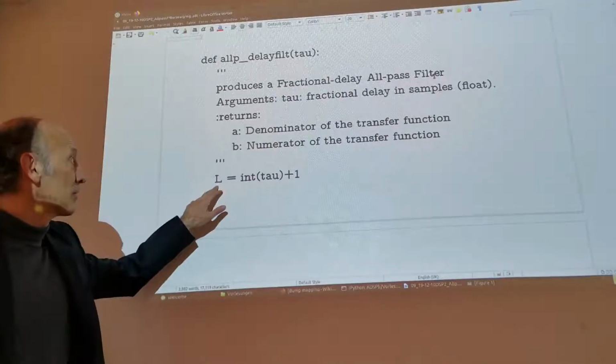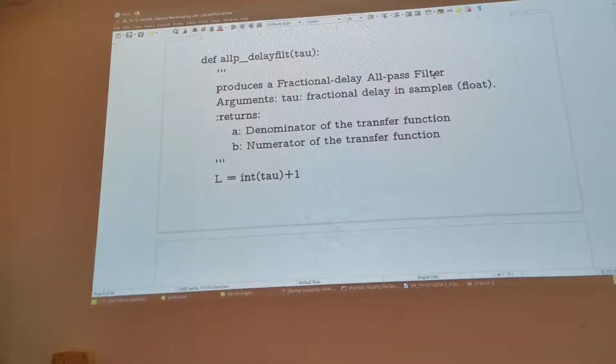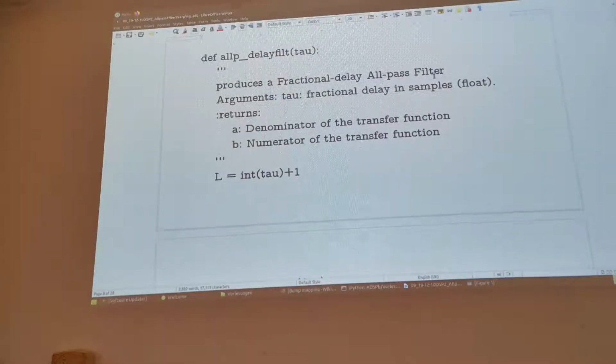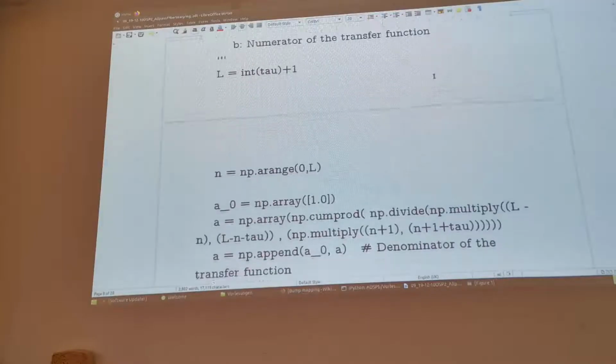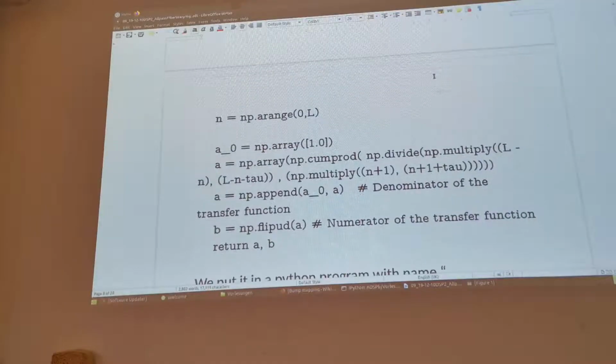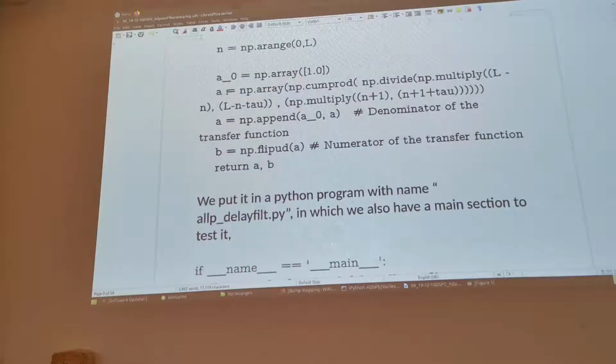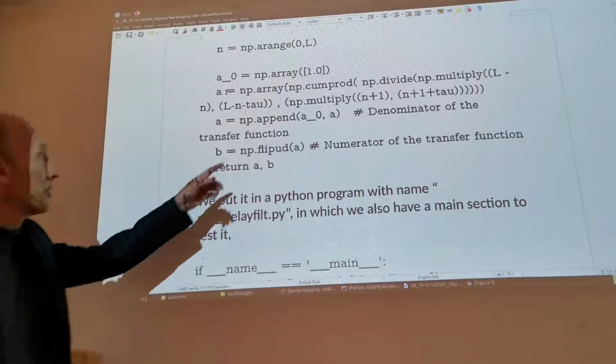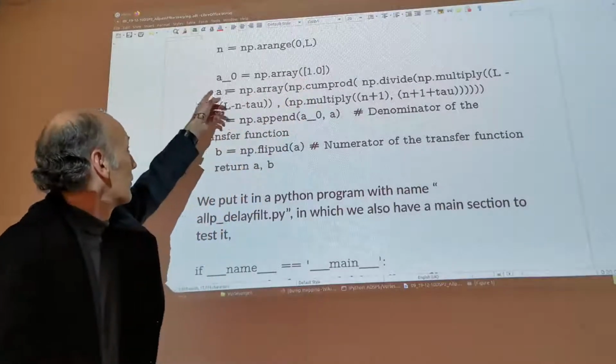So we start here with an L, which is the length of our filter, which is basically the rounded up delay. Then we make a time axis n, going from 0 up to but not including L. And A0 is starting with a 1, an array consisting just of a 1.